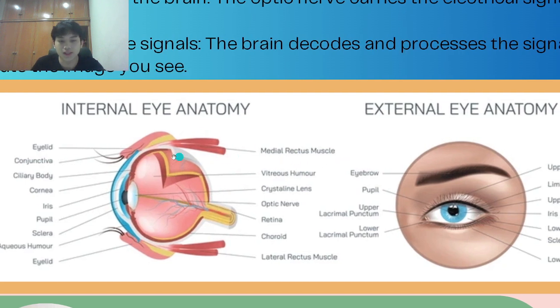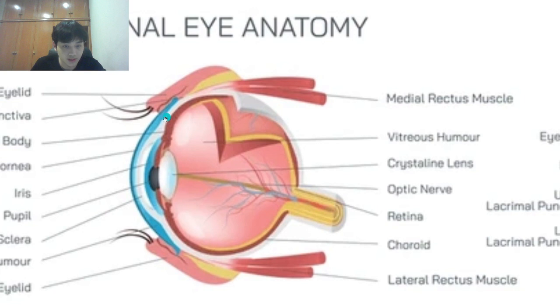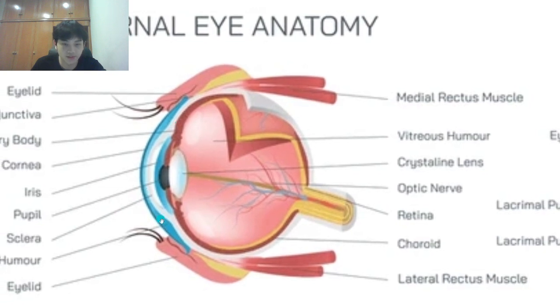The second one is the sclera. The sclera is the white image here. It is a white tough outer layer that protects the eye and maintains the shape of the eyeball. It helps in securing your eyeballs in place.